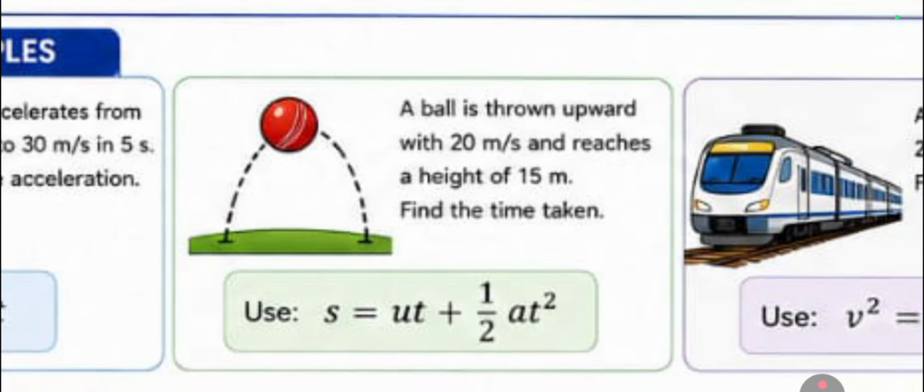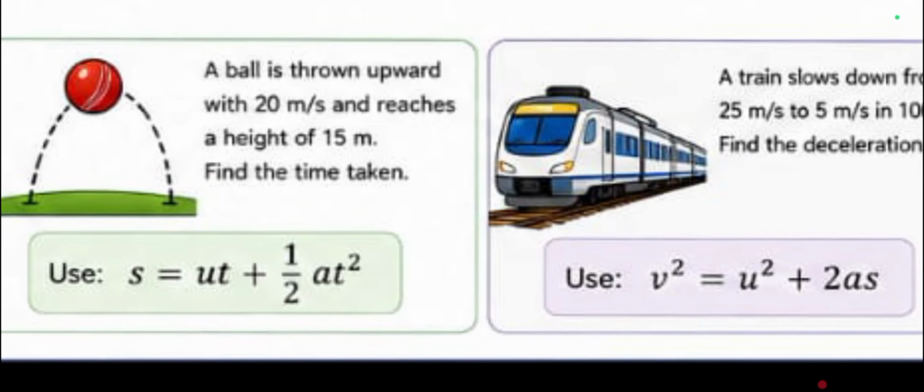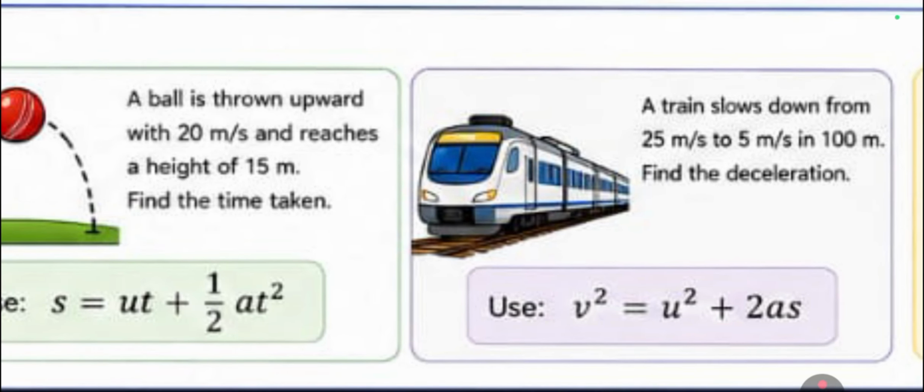And the third example: a train slows down from 20 meter per second to 5 meter per second in 100 meters. Find the deceleration. Acceleration, here the spelling mistake is there. That is acceleration. A train slows down from 20 meter per second to 5 meter per second.